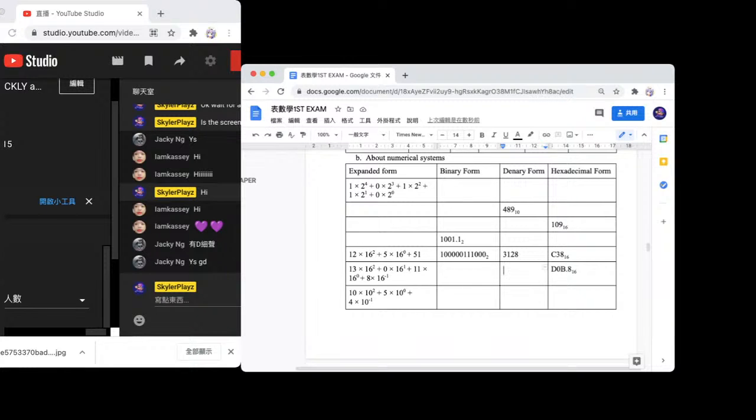We need to add 0.8, but we cannot do so. So we can only use D0B. Just bear in mind that the final digit 8 is equal to 0.5 in binary form, okay? And then convert it into decimal system. 3339, and then 0.5, because we know there is a final digit here.